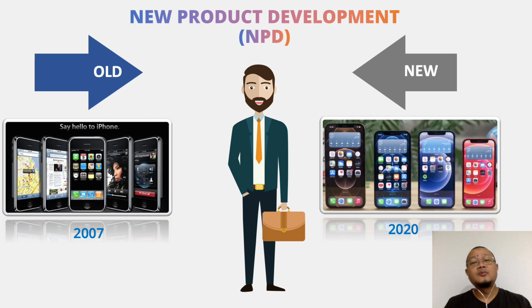Almost every product in this world went through the process of new product development, from non-existence to the latest model. So, if you are planning a new business or starting your own product, you should also think of this NPD. It is a serious matter and very important for any business in this world.